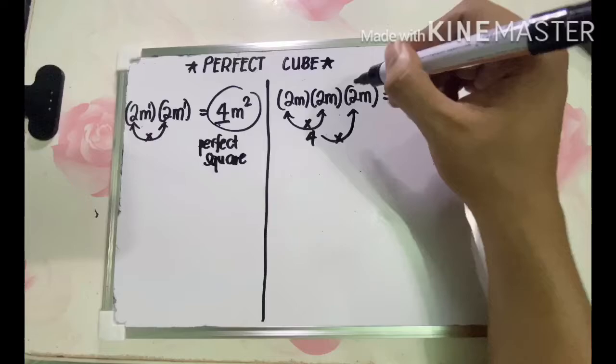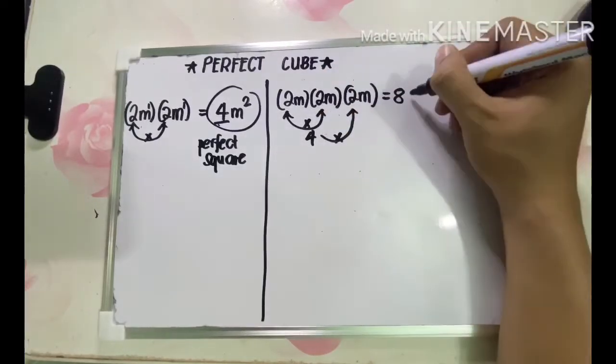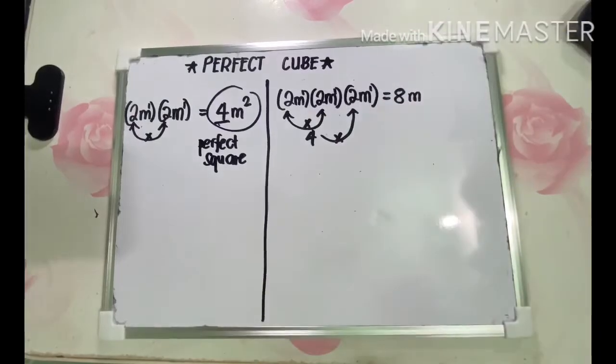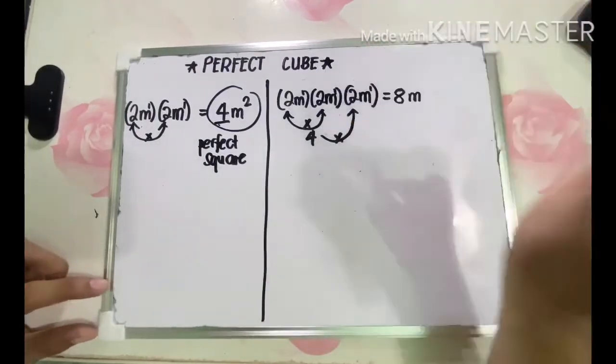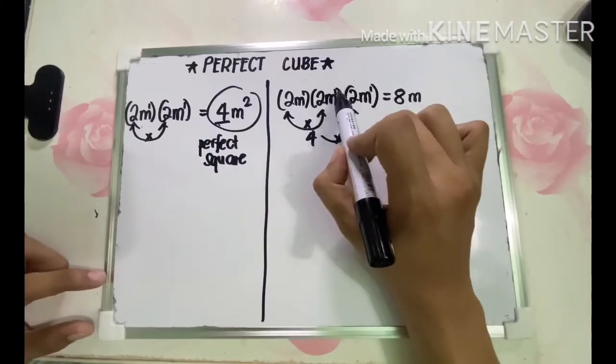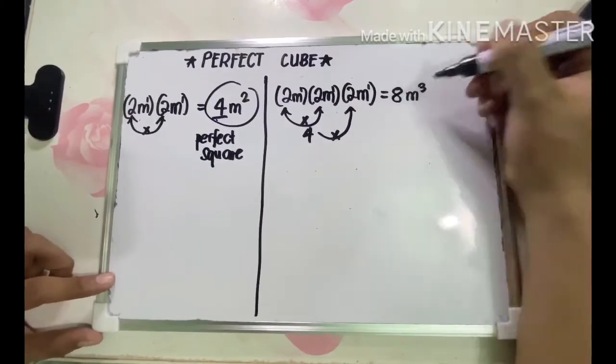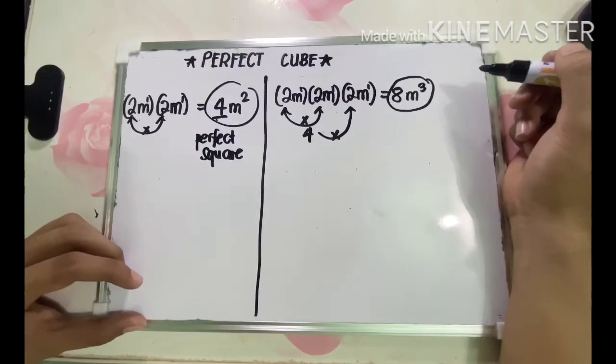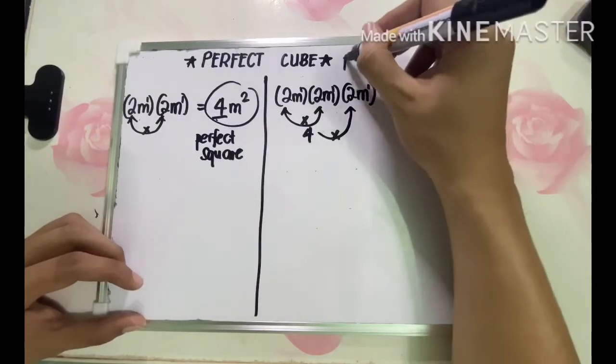Then m, the same base, so copy m. Again, there is 1 in every variable which has the exponent of 1. So copy, add. 1 plus 1 plus 1 is 3. So this 8m raised to 3 or 8m cube is what we call a perfect cube.